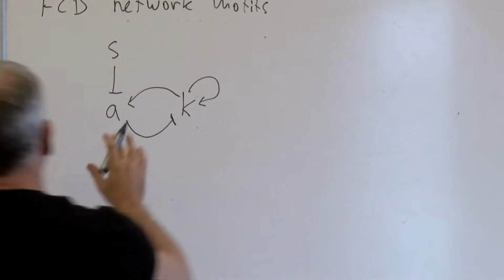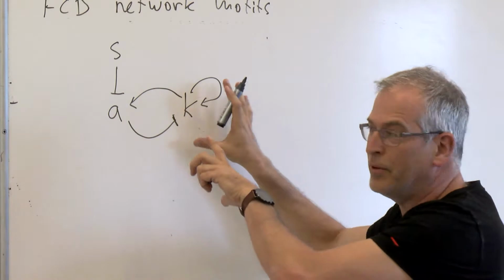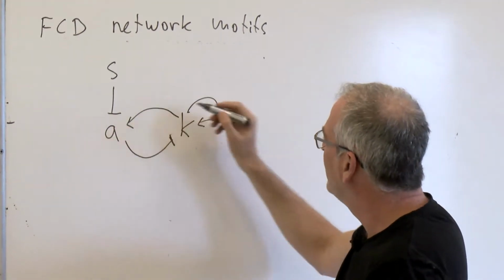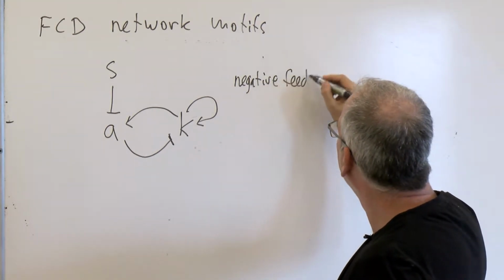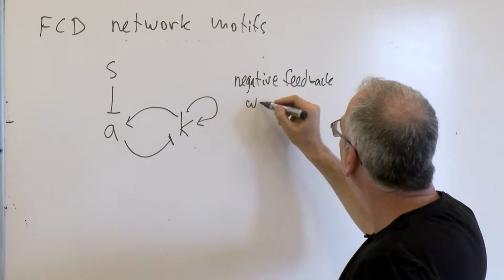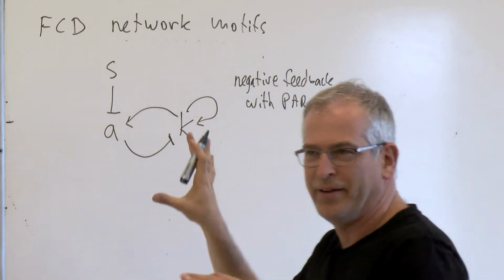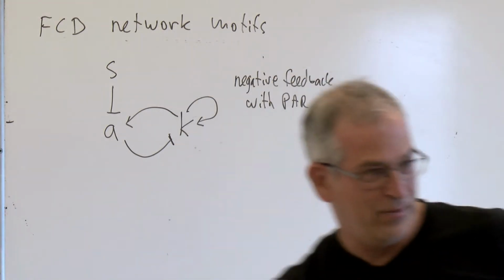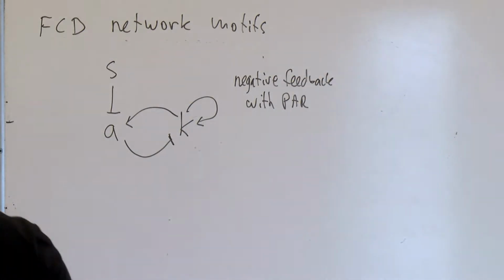So I'm going to just write down these equations like this. This symbolizes the equations back there. So this is kind of a negative feedback with positive autoregulation, some kind of motif like that. If you write down those equations like that, they'll give you fold change detection. And it turns out there's another circuit that can do it that we already know about.